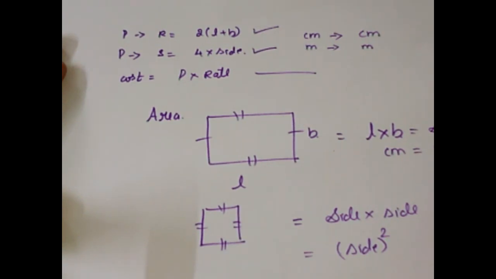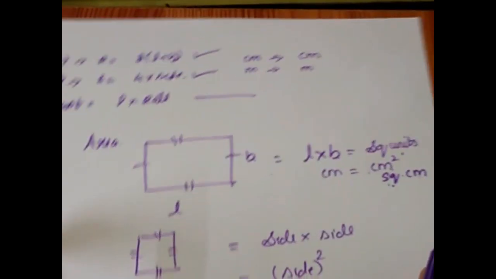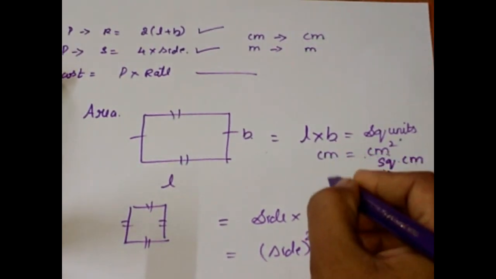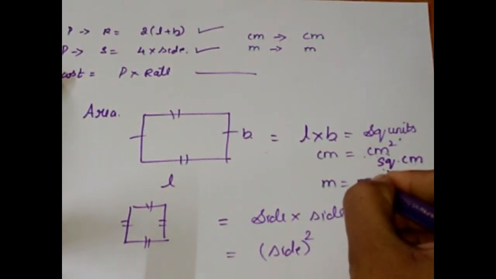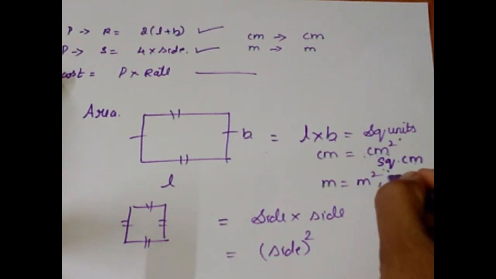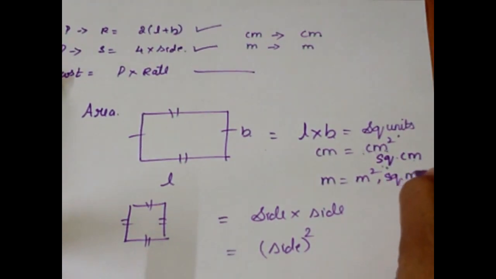It can be written as centimeter to the power 2. Don't read it as centimeter square. It is square centimeter, written as centimeter whole to the power 2, but read as square centimeter. If the given question is expressed in meter, we say that area is in square meter. It can be represented symbolically or with words.